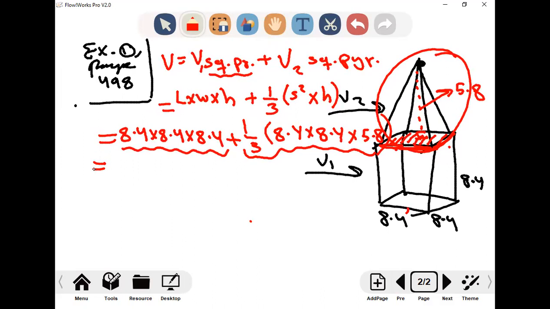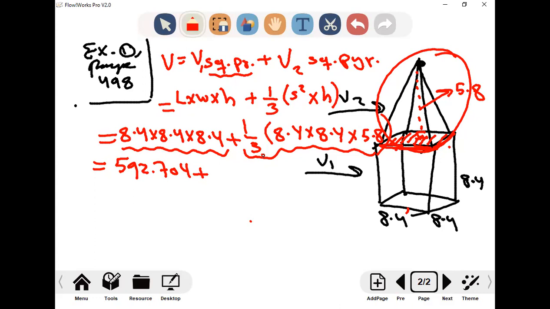Multiply 8.4, multiply 8.4, plus 1 over 3. I'll multiply the whole. The first part will be 592.704 plus. Here you can multiply the upper 3 numbers, then divide by 3.